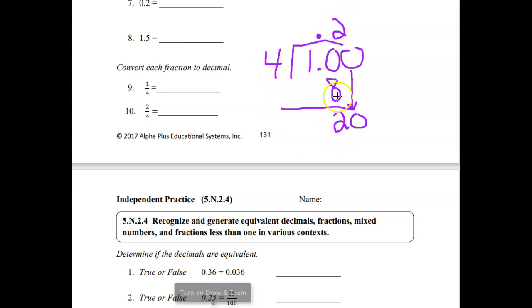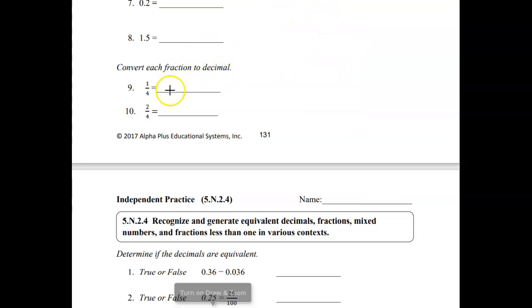So 4 times what is 20? 5. So that goes in evenly. So 1/4 is the same as 25 hundredths, or 0.25. Make sure you put your decimal there.